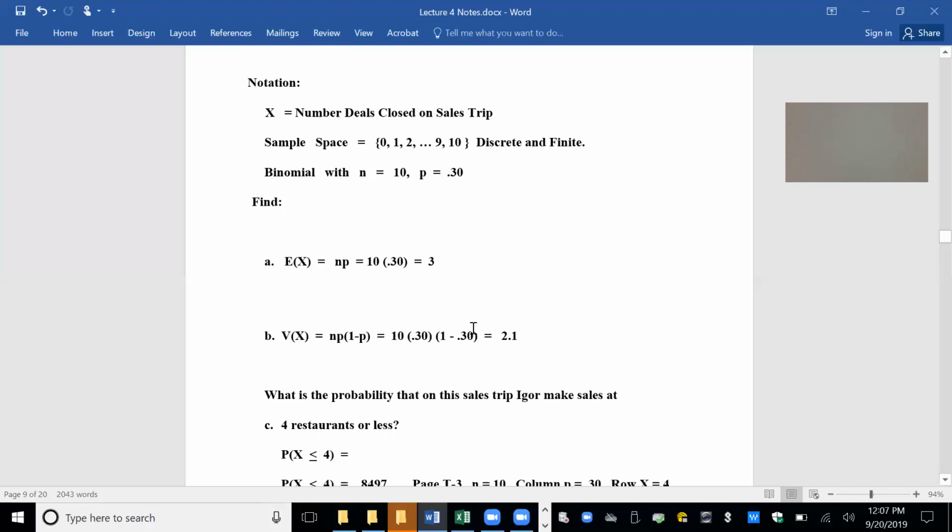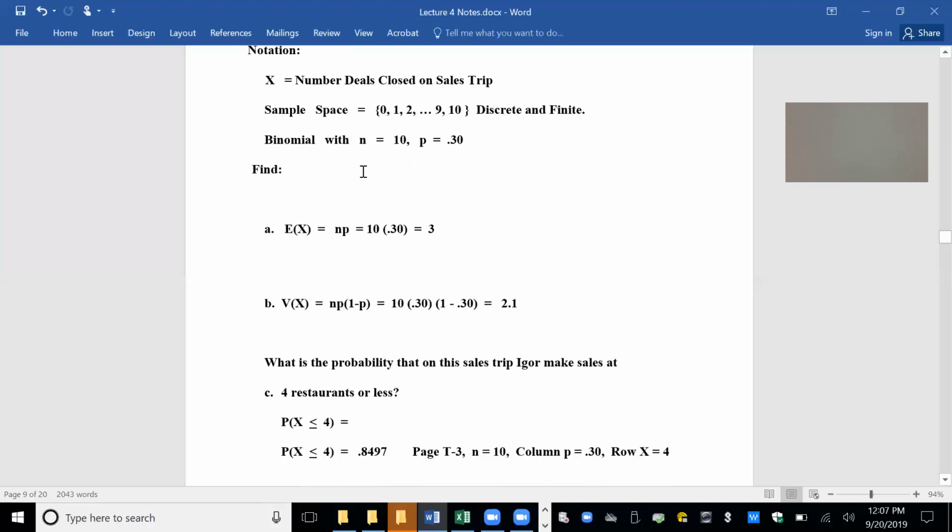If we determine that it is binomial, so this is a series of tries. Each try results in 1 of 2 possible outcomes. That's where the bi comes from. And we have 10 tries. Each try we got a 30% chance.